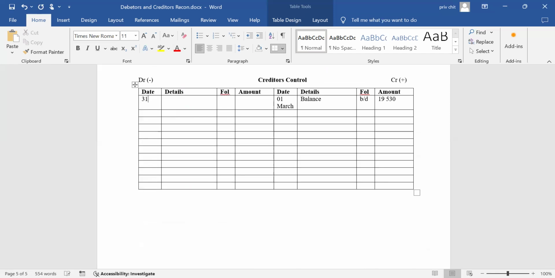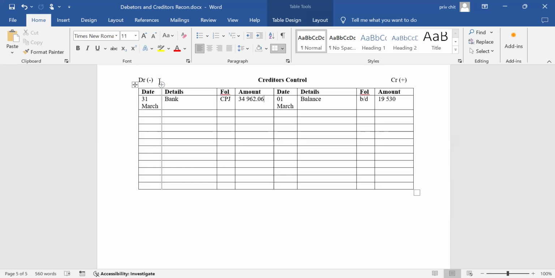So there you're going to write 31 March. 31 March, and then you're going to write bank, cash payment journal, and the amount 34,962.06, like that. And once you're done, you tick next to that. Are we together, guys? Yes, sir. Then we go on to the next one. Did you guys understand that?